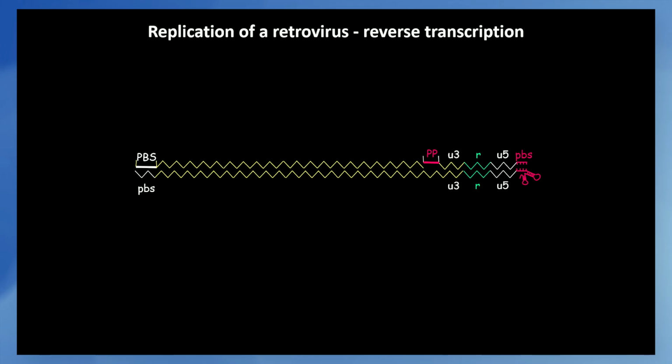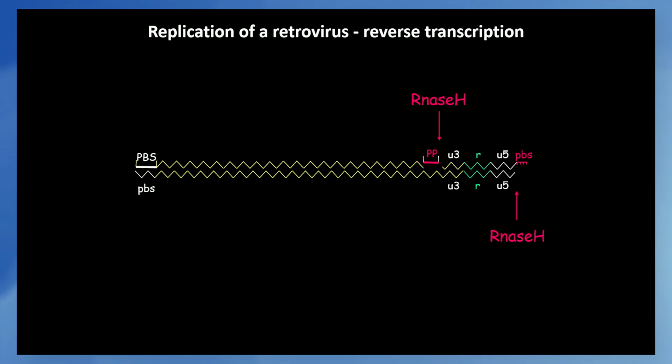The rest of the RNA pieces have to be degraded. That happens by the RNase H activity of the reverse transcriptase. Regarding the primer, the tRNA, one of the questions which arises here is why during reverse transcription not the complete tRNA is reverse transcribed, but only 18 nucleotides.